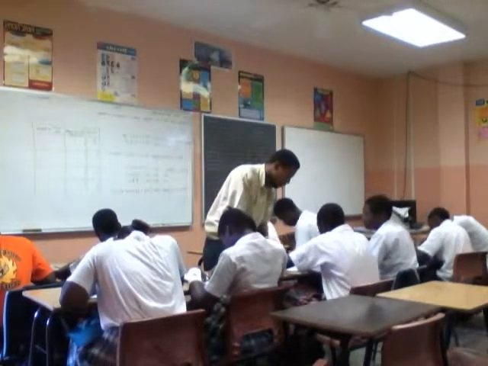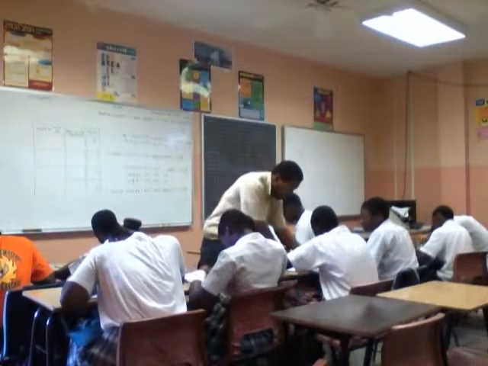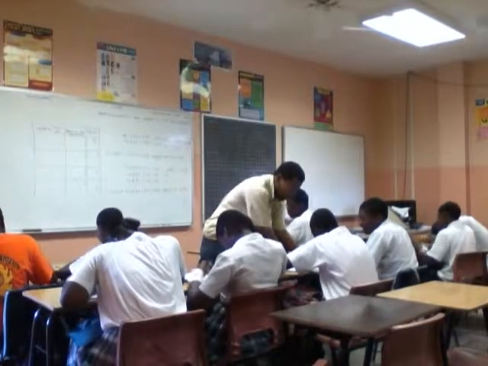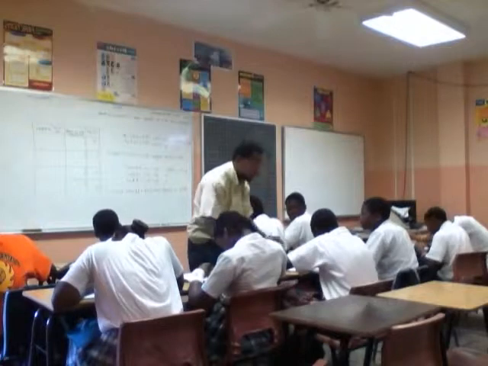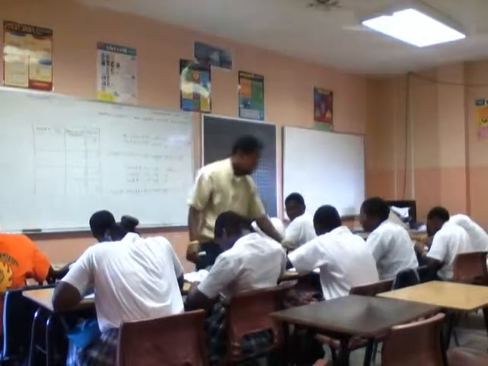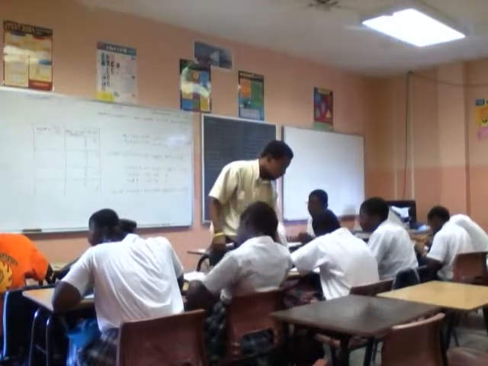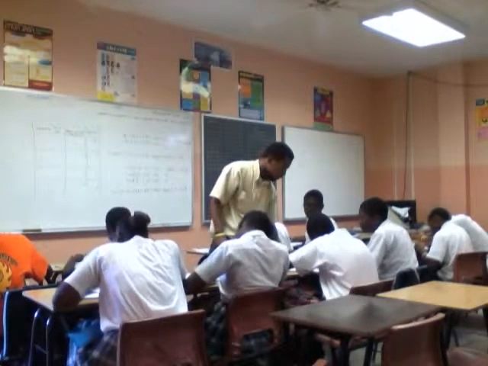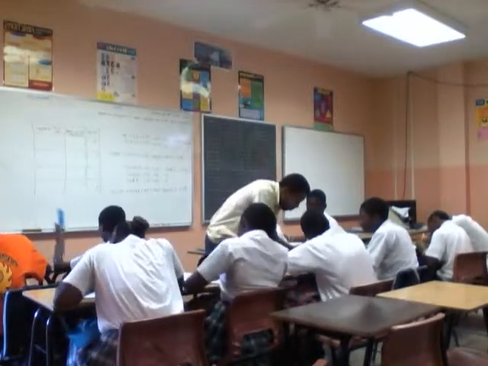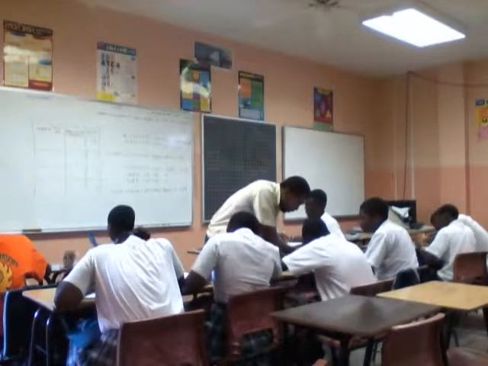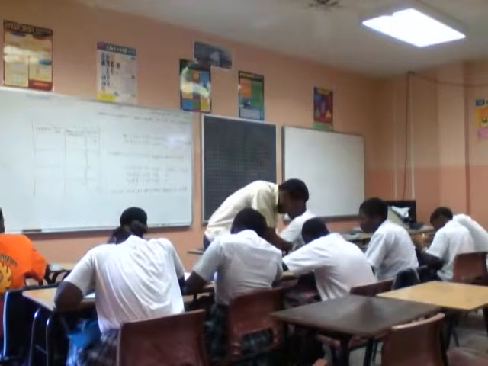One, and then you get that. If you come down here, how much are you gonna get from that? Two. Okay. How much are you gonna get from this? Just think about it.